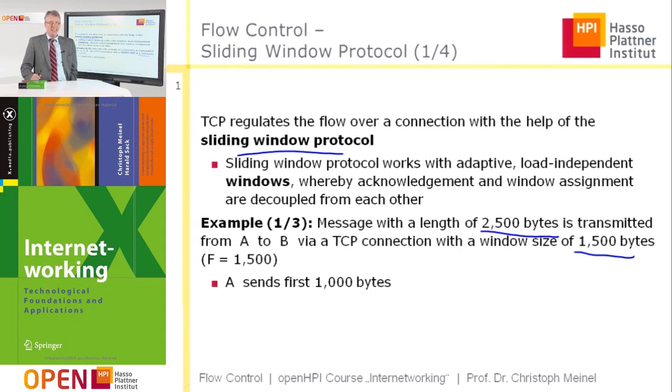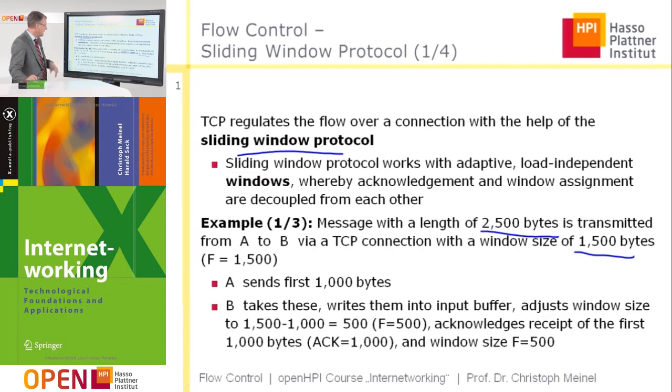A starts sending and takes from the 2,500 bytes the first 1,000 bytes and sends this to B, the receiver. B receives these 1,000 bytes, places them in the input buffer, and adjusts its window size from 1,500 to 500. With the window size you can imagine the size of the input buffer, that's the size that B can guarantee to receive.